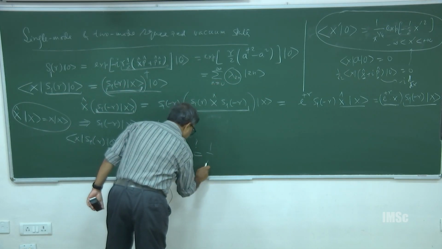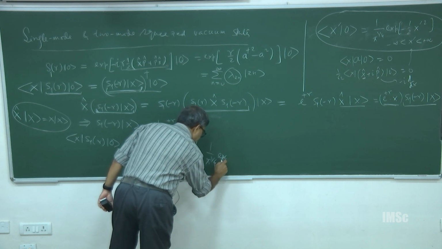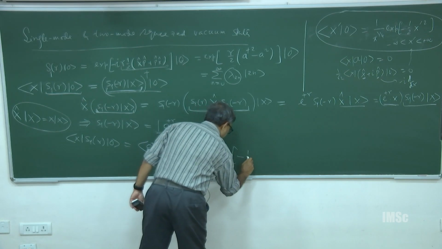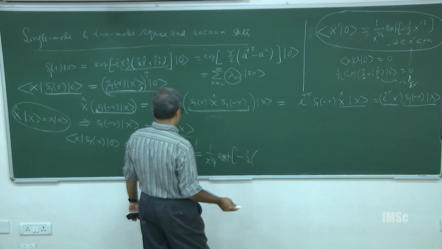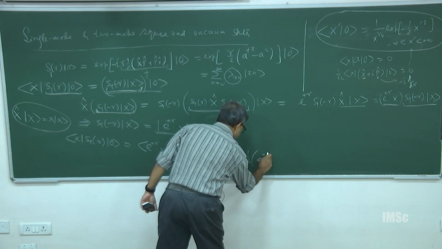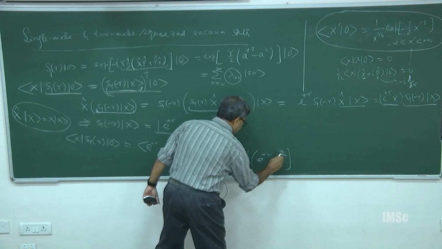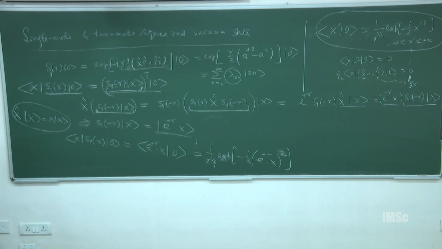Can I write from there that this is 1 by pi to the power 1/4 exponential of minus half e to the power plus r into x whole square? Is that a correct way to write? Because that x prime can be anything. Yes?